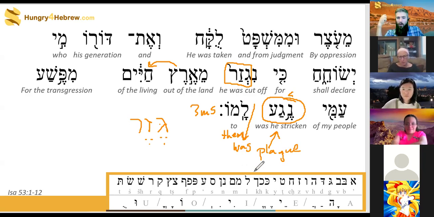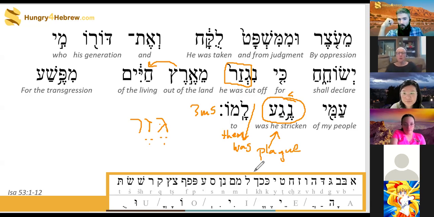So what are our options? If that's a 3ms, then you could say a plague, he was to him, or a plague was to him. Or you could say a plague was to them, maybe because he was stricken and cut off. I don't know that you could necessarily say that he was a plague unto them, but that would be an interesting way to read it.